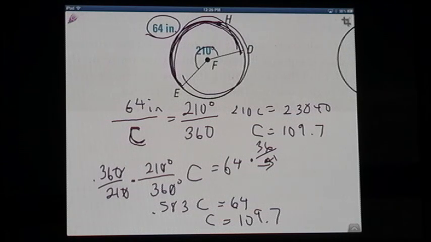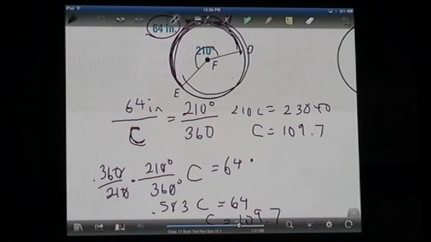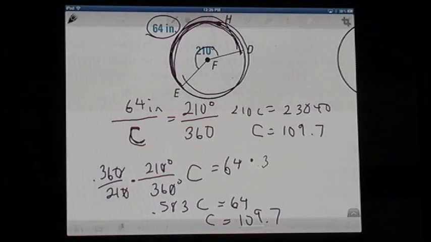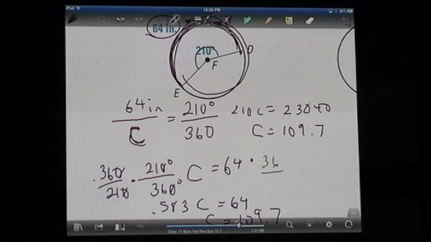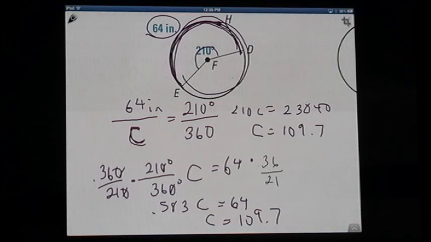When you get 36 over 21 over here, let me erase this and try it again because that didn't come out so beautiful. 36 over 21. Then what you're going to do is multiply 36 times 64 and then divide by 21. And you will get, guess what? 109.7. So that's 3 different ways you can work that problem.